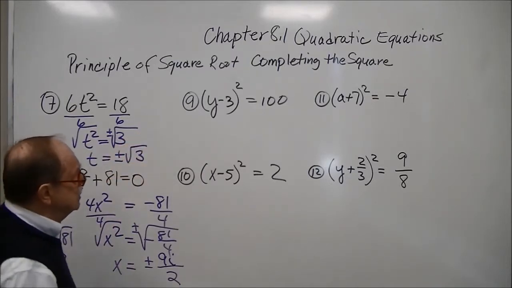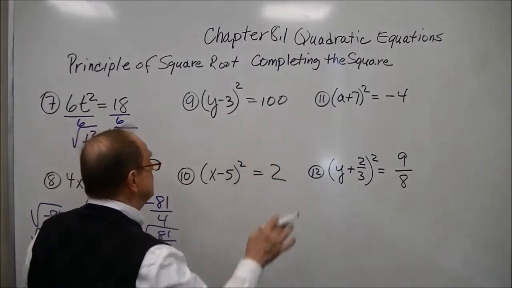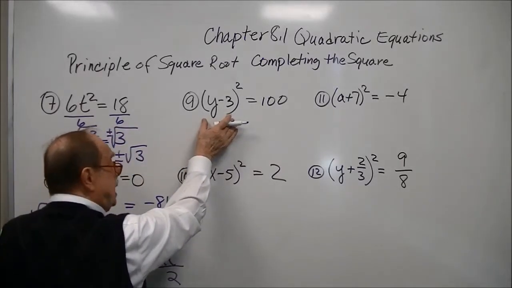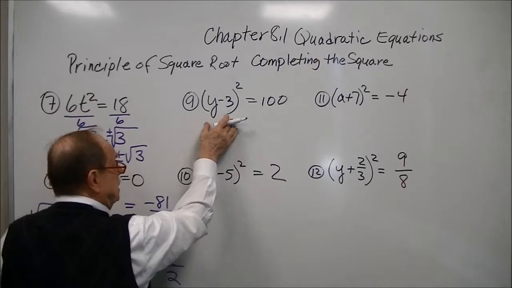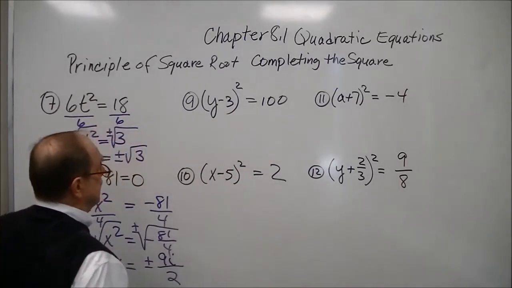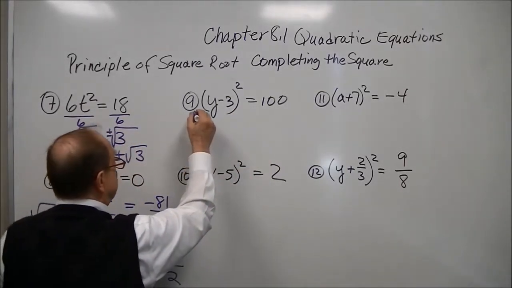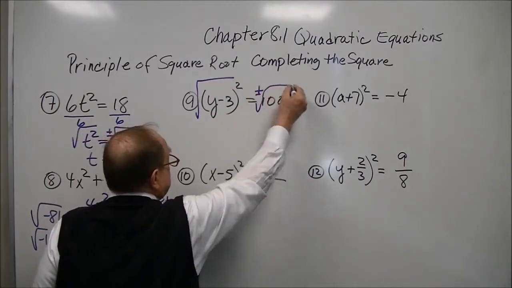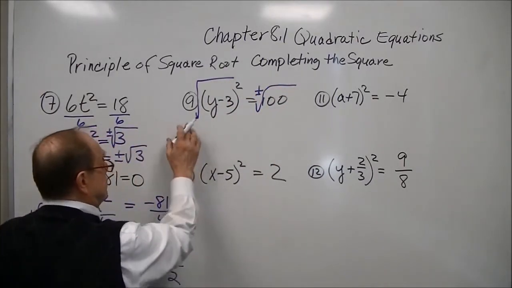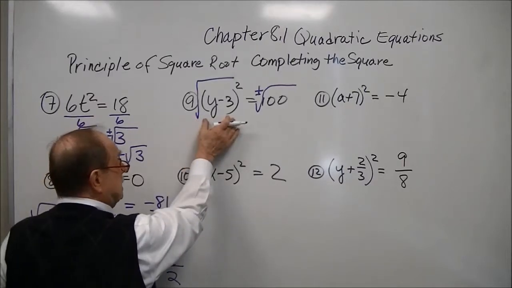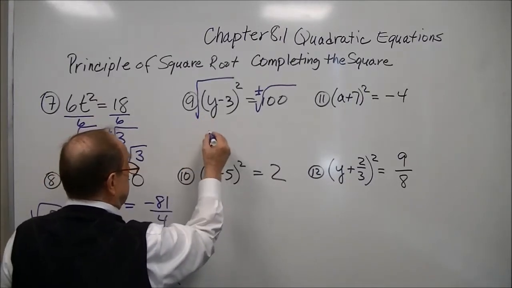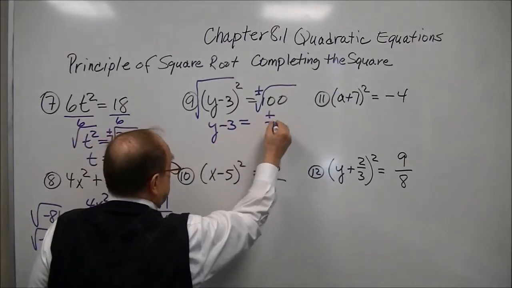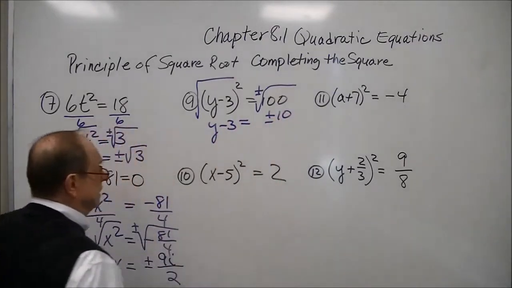Now what we're getting to here is going to be something very useful, because we have now a binomial that equals something. We're going to use the same technique. Take the square root of that and plus or minus the square root of that. Remember, by taking the square root of that, it just leaves the radicand, which is y minus 3 equals plus or minus 10.